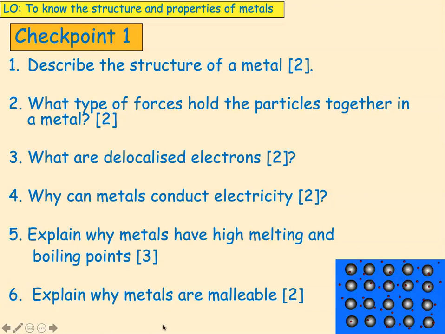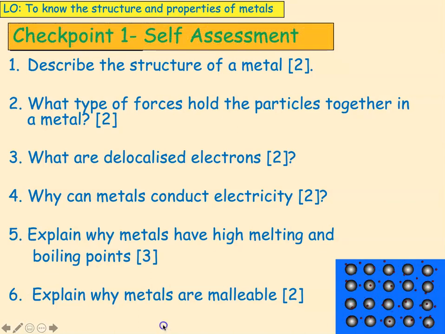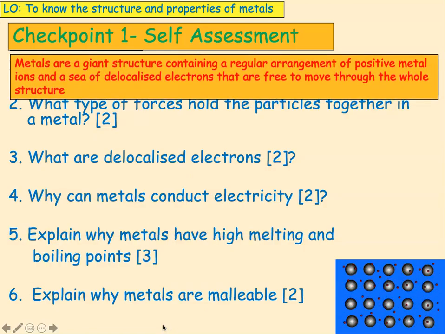Let's self-assess our work. Describe the structure of a metal. So a metal is a giant structure containing a regular arrangement of positive metal ions and a sea of delocalized electrons that are free to move through the whole structure.